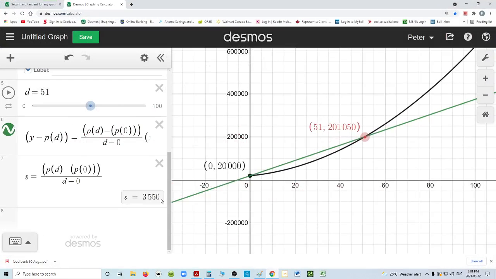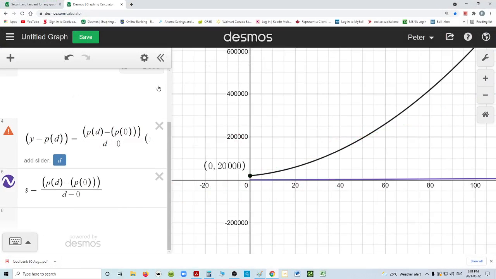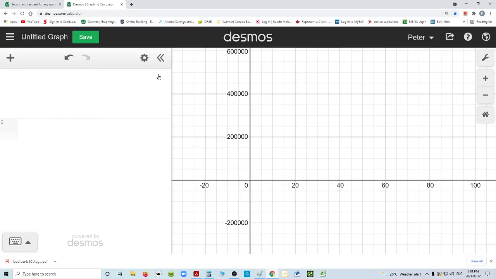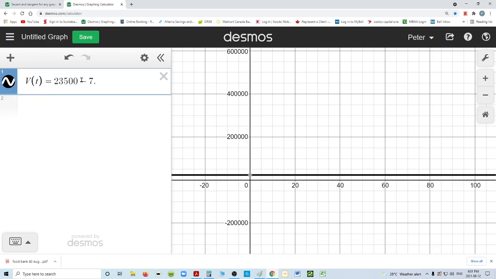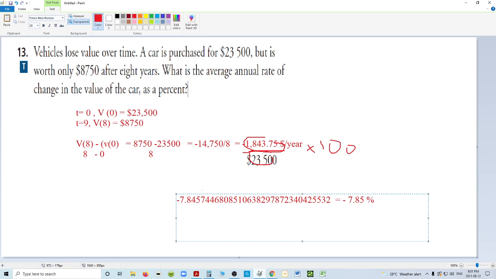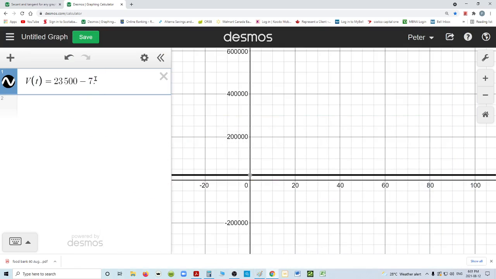And I believe you could graph that as value over time, equal to the initial value of the car minus 7.85, so you turn that into a decimal, 23.5, minus 0.0785.